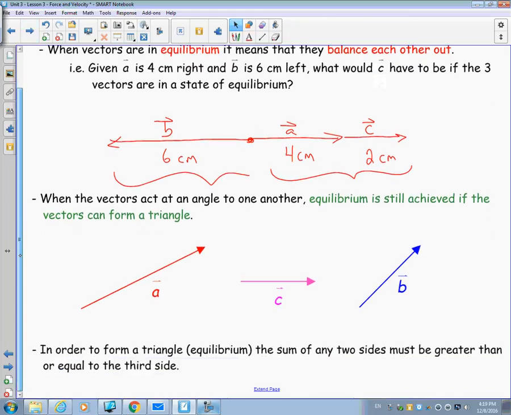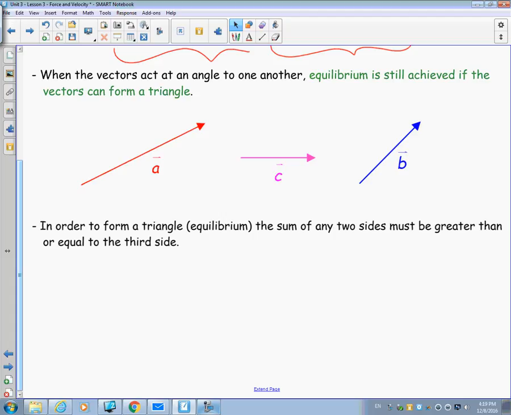So we can create a state of equilibrium if we can take any two vectors, join them together tip to tail, and balance it out by completing the triangle. Let's say I had vectors A and B and C here. I want to be able to add them and create a triangle. I obviously can't add A and C and balance that with B. Didn't work.